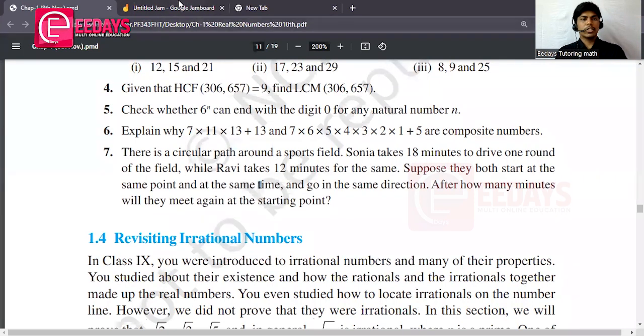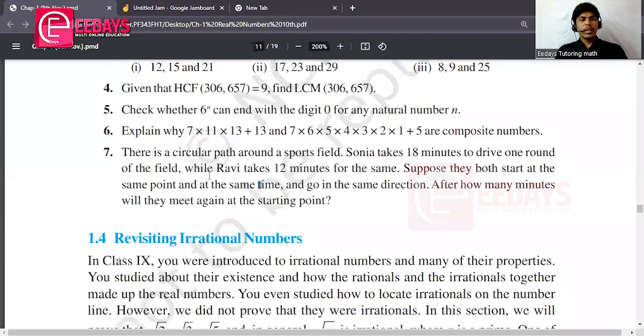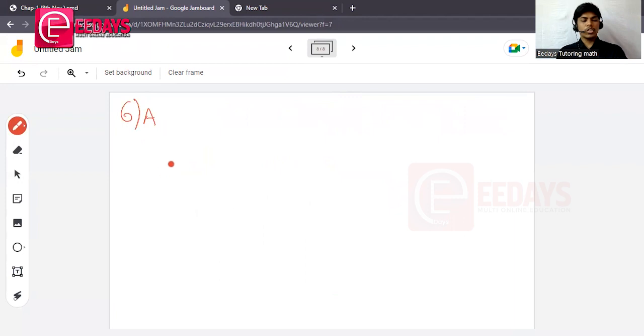Let's move on to the sixth question. Explain why 7 into 11 into 13 plus 13, and 7 into 6 into 5 into 13 plus 5, are composite numbers. Before that, you need to know composite numbers.